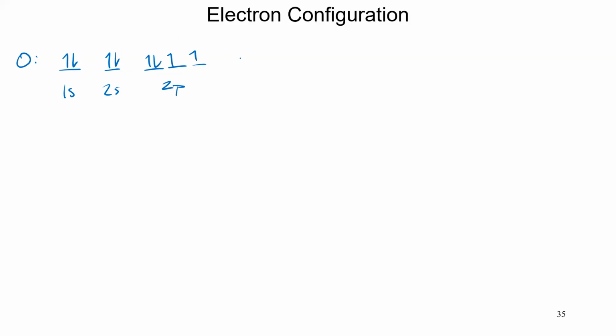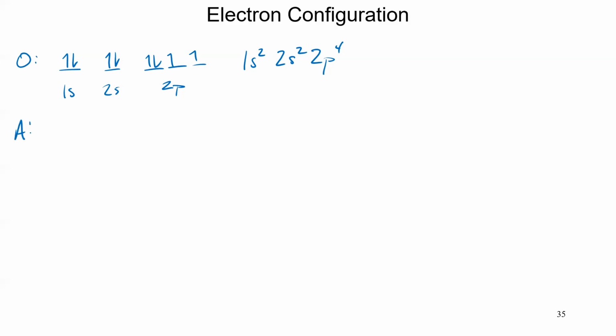So the electron configuration for oxygen is 1s2, 2s2, 2p4. If we're just looking at the electron configuration, there's no way for us to know that 2 of those electrons are unpaired and spread out. That's just something that we have to recognize is going to happen because we know that we're going to follow Hund's rule and the Aufbau principle.